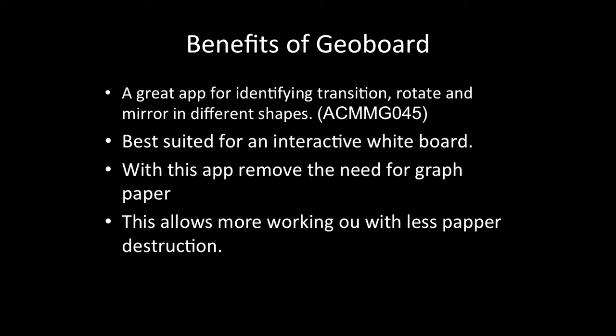It's best suited for a teacher to be using it with an interactive whiteboard, getting rid of the need for graph paper and allowing more working out with less paperwork and waste of paper, because doing these movements on a piece of graph paper takes so long and so much paper when you're flipping and rotating, and still trying to keep them in the grid lines becomes very difficult.